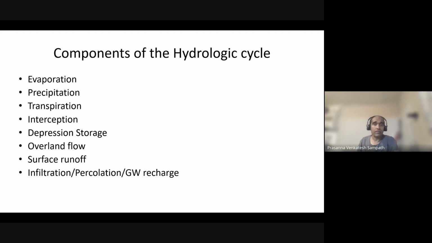And then there's infiltration or percolation or groundwater recharge. All of these terms more or less mean the same thing. And groundwater flow or base flow, right, which goes back into the surface water body and completes the hydrologic cycle. Okay. Any questions on any of these terminologies that I've used over here?